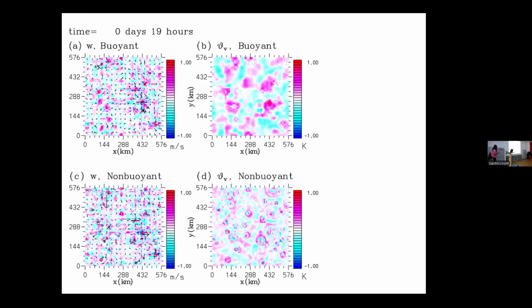So the upper panel is the buoyant component of vertical velocity, I think at the 5 kilometer level, and the buoyancy field of potential temperature, and the same for the non-buoyant component of vertical velocity and buoyancy. So we see a bunch of convective powers localized with associated positive buoyancy. That is reasonable, but we see this ring-like structure propagating upward with time.